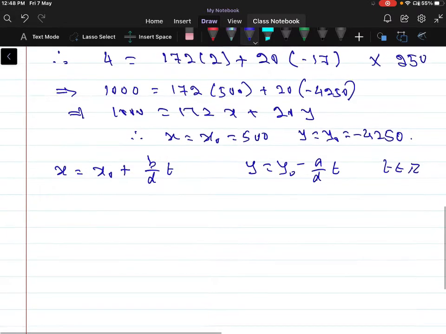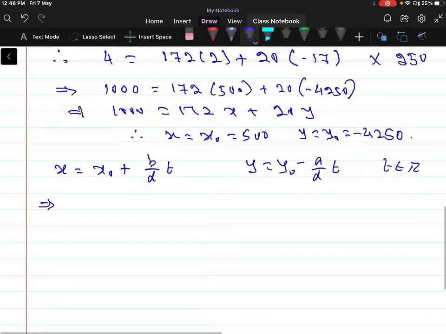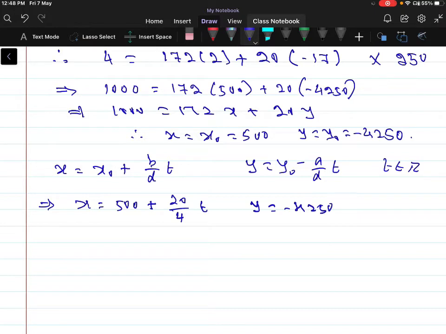So this implies x is equal to x naught plus (b by d) into t, where x naught is 500, b is 20, and d is 4, the GCD of the integers 172 and 20. y is equal to y naught minus (a by d) into t, where y naught is minus 4250 and a is 172, so a by d is 172 by 4 into t.